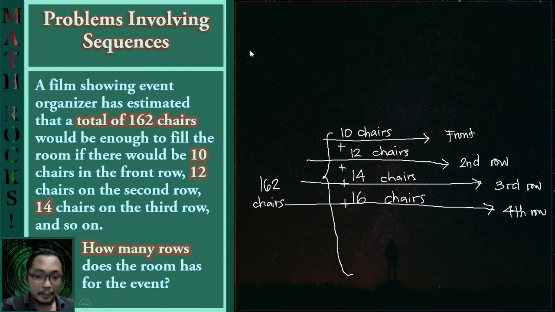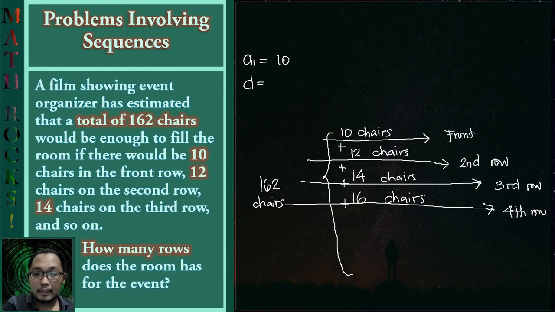And the known quantities that we can use are a sub 1 as well as the common difference. For our a sub 1, we have 10. And for the common difference, we can easily have this, 12 being the second term and 10 being our first term. So 12 minus 10 gives us a 2.